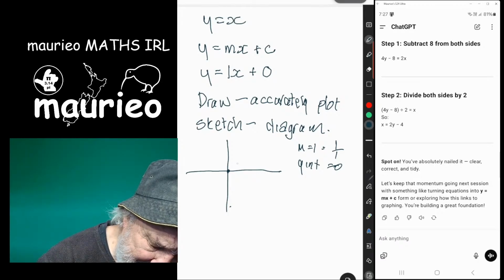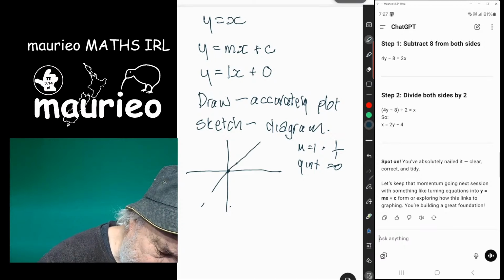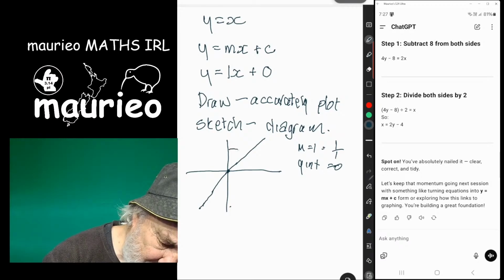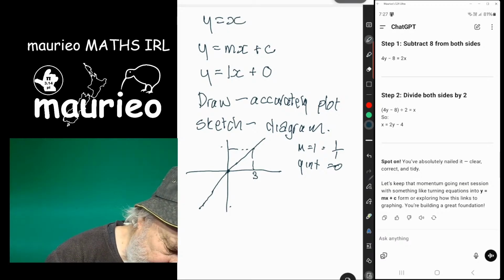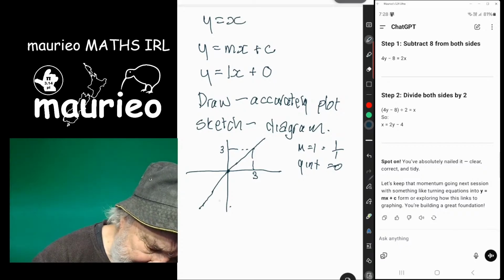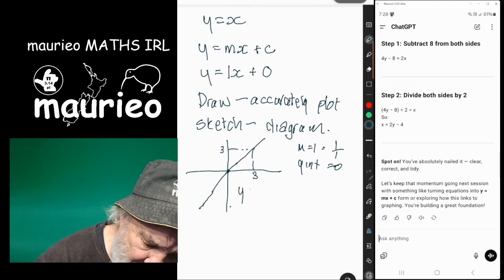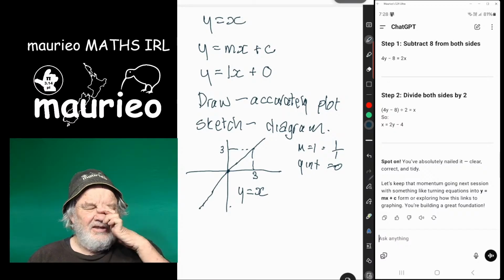So we could go there, up 1, out 1, and then we can just draw our slope like that. And if we wanted to, we could put a point 3, 3. Y equals x. Pretty simple. I just randomly chose that. So now we've got y equals x. All right, now that's pretty easy.